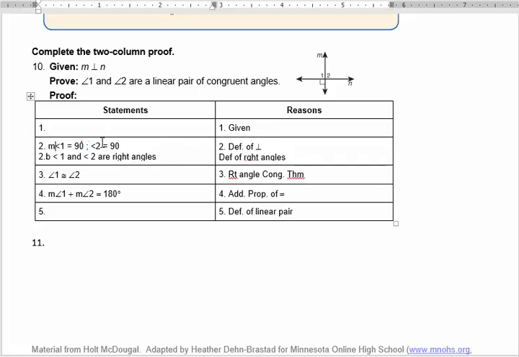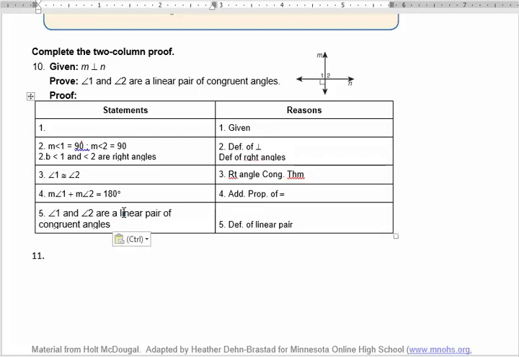I can add these two together and their sum is equal to 180. So the addition property of equality tells us that that is true. And if I have that their measures are equal to 180, then I have that angle 1 and angle 2 are a linear pair, and they're a linear pair of congruent angles because we already said they're congruent. So what I'm trying to prove is what you should end up with on the last step of your proof.